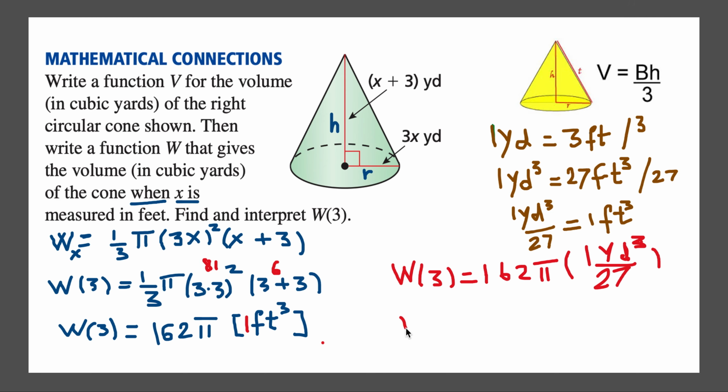So w of 3, in terms of the yard, is equal to 6 pi cubic yards. Okay, yard cubic. And it's done. I can write those units a little bit with brackets.